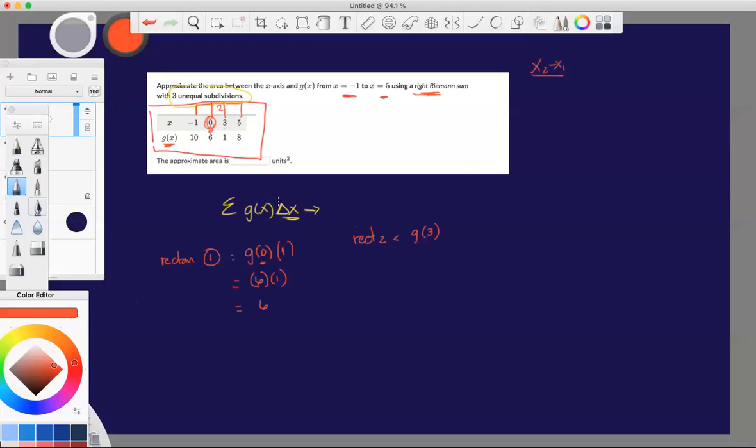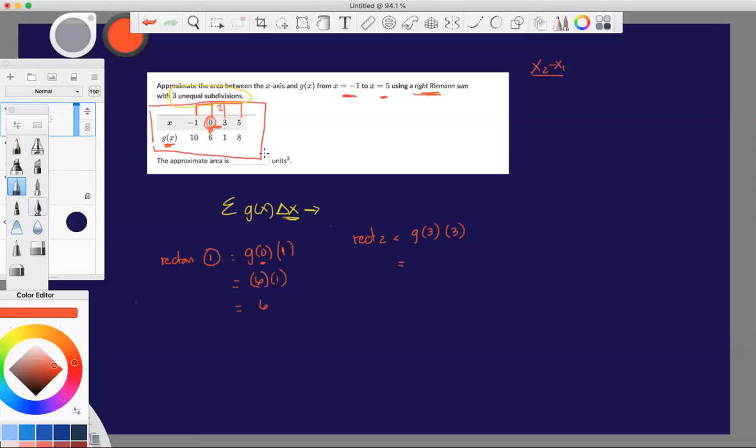What's going to be your delta x, guys? It's not going to be always 1. This will be 3. Why is that 3? Because we're looking at 3 minus 0. Very good.